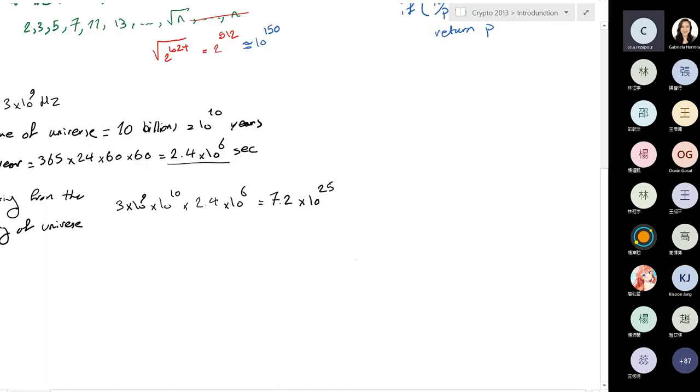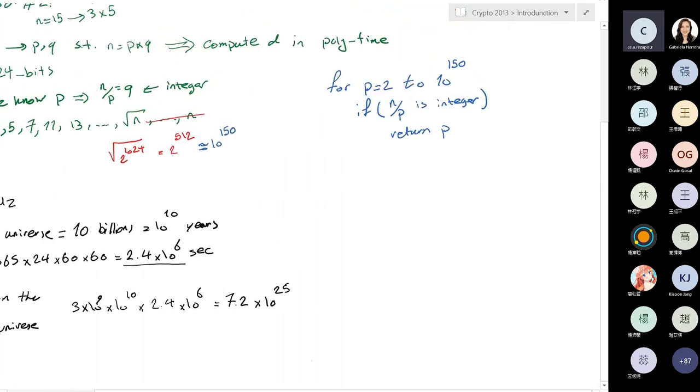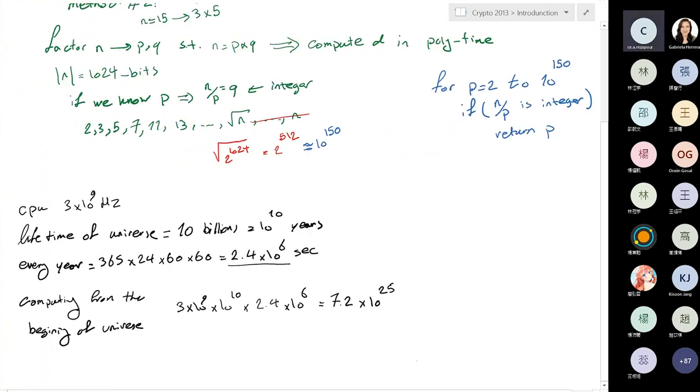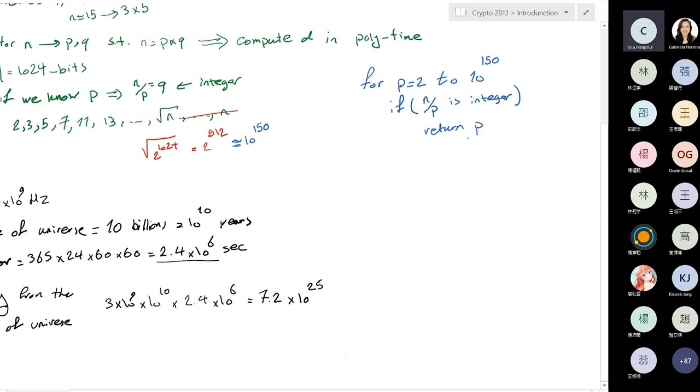So suppose you had a CPU and you start to run this for loop from the beginning of the universe, and I was very generous and said that in every clock of the CPU, you can basically do one round of this for loop.